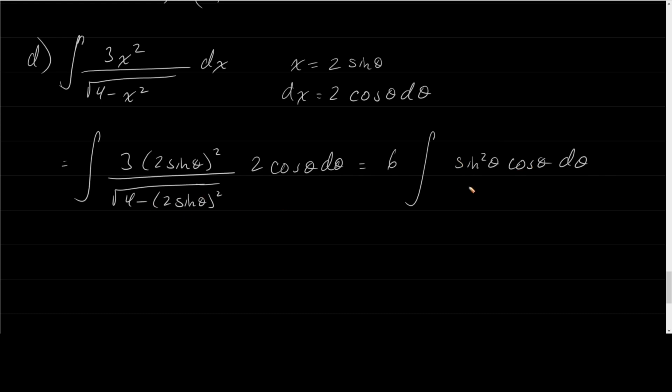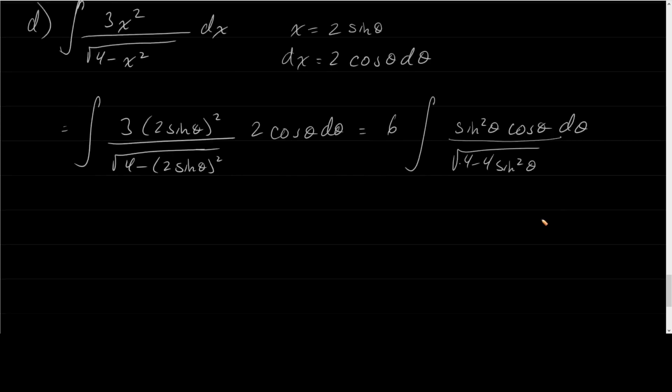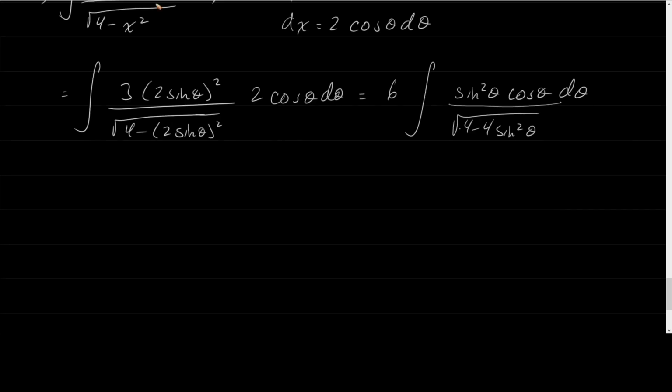On the denominator, that's really the square root of 4 minus 4 sine squared theta. And now let's look at that square root. If I take out a 4 but still leave it inside the radical, I end up with 4 times 1 minus sine squared theta.